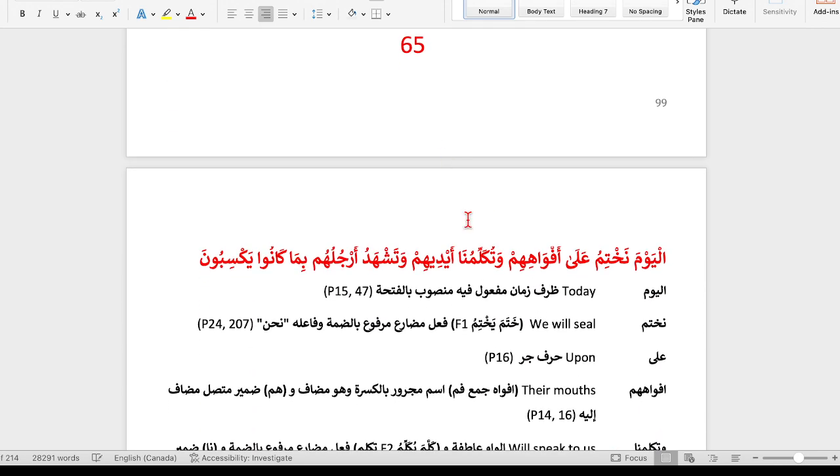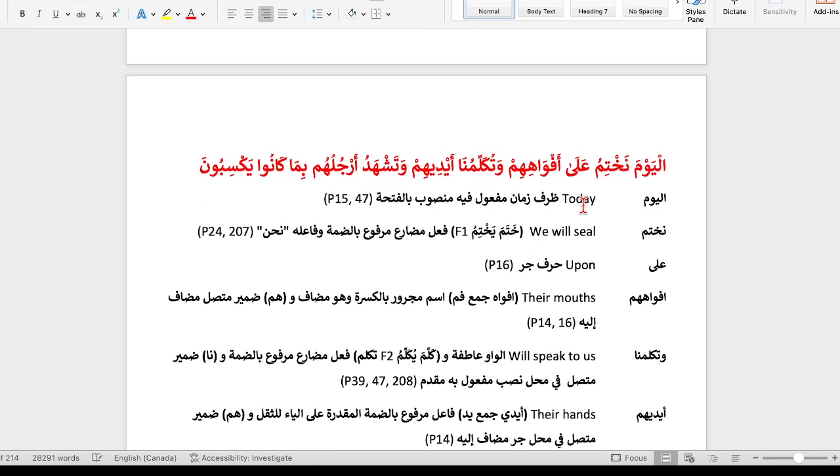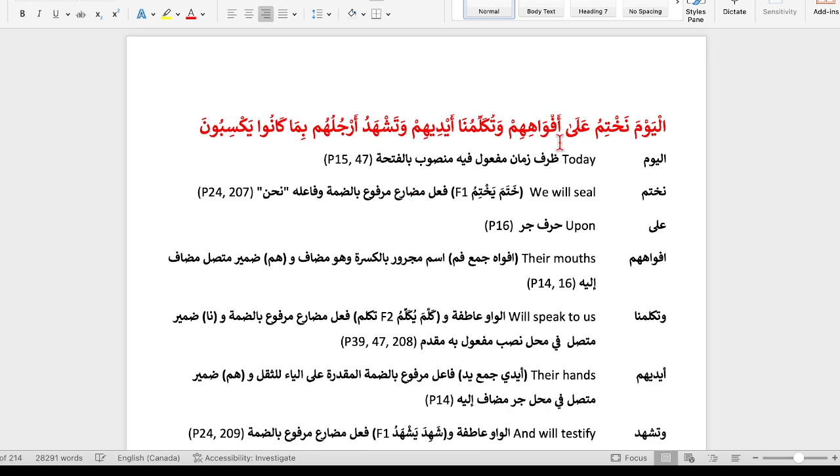Verse number 65. Al-yawma nakhtimu ala afwahihim wa tukallimuna aydihim wa tashhadu arjuluhum bima kanu yaksibun. So al-yawma, again same thing, zarfu zaman wa maf'ul fihi, mansub bil fatha.